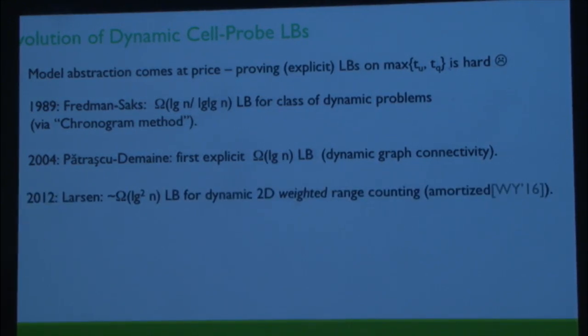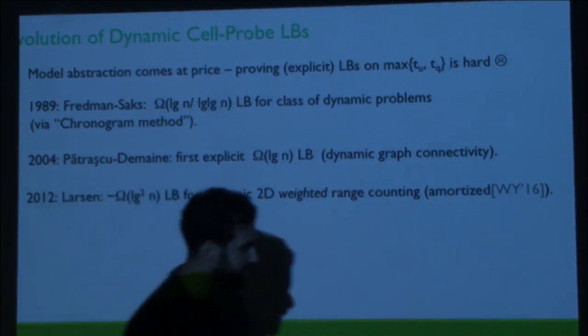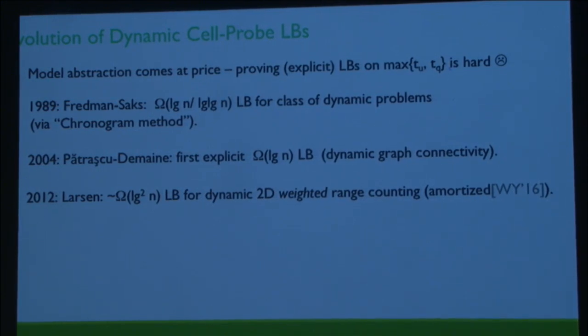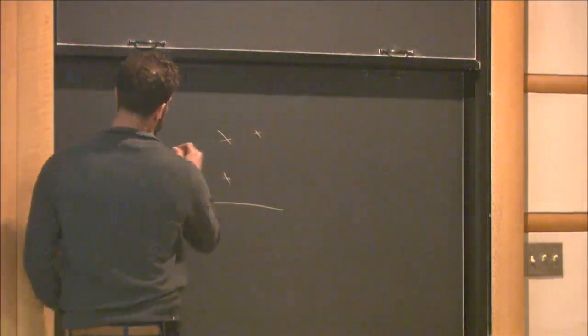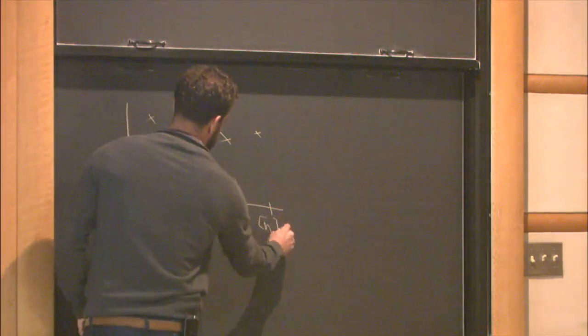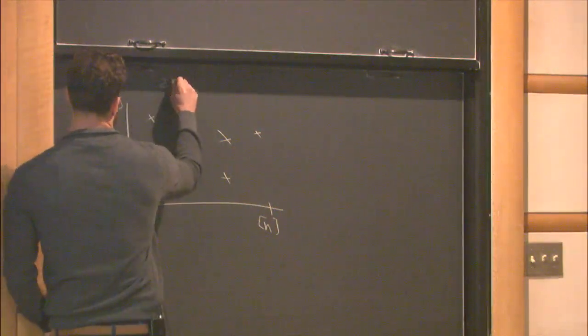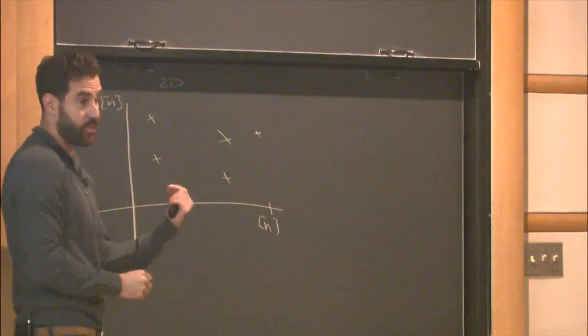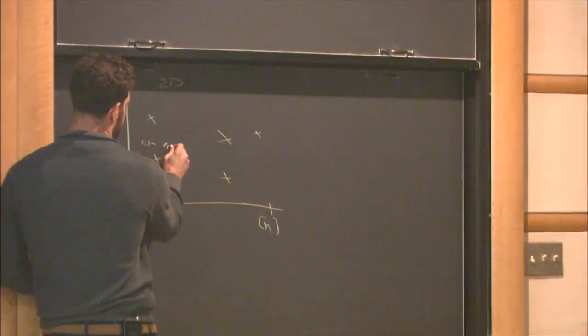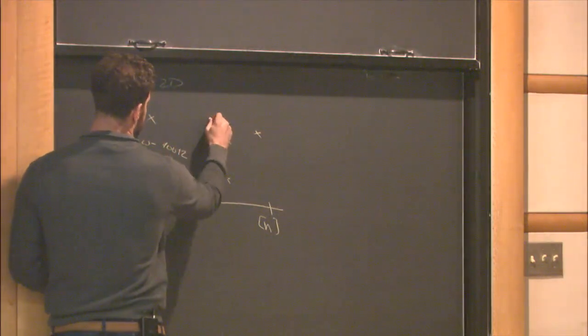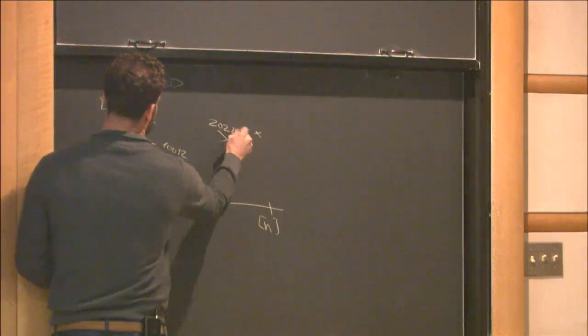In 2012, over a decade later, Larsen made a near quadratic improvement on that, where he proved a lower bound for dynamic 2D range counting, but for the weighted version. The weighted version of range counting is where you have maybe even a fixed set of points in the two-dimensional grid, but each point has a weight assigned to it, some w-bit weight.